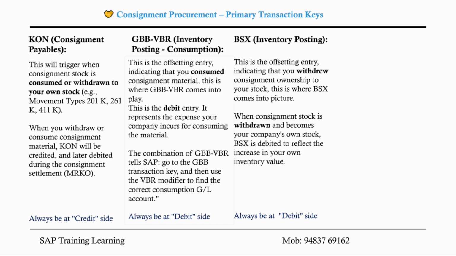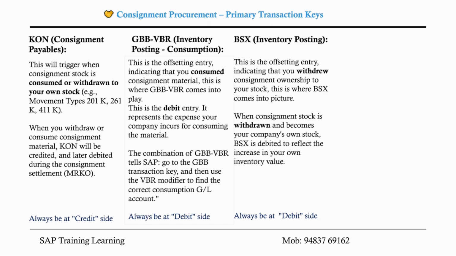GBB is the actual transaction key like KON, BSX. So whenever you see GBB, just keep in mind that this account is used to consume the consignment material to your cost center. Understood, right? Mostly this is used for your cost center.